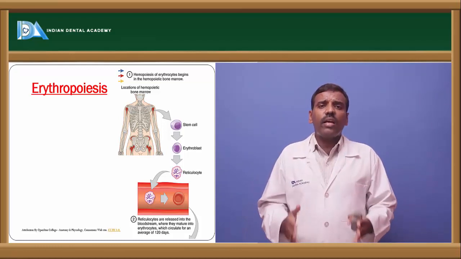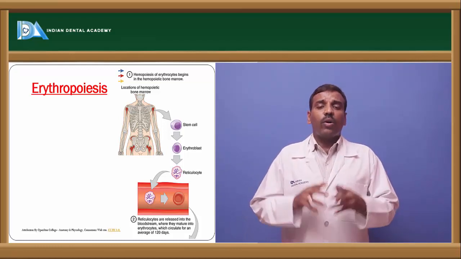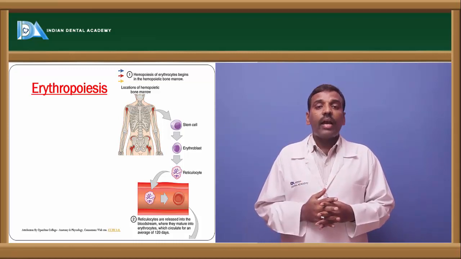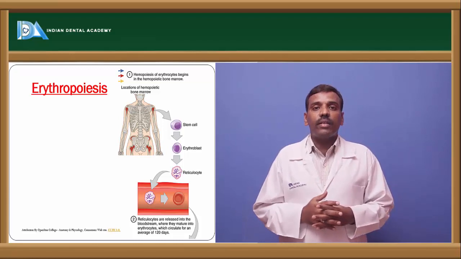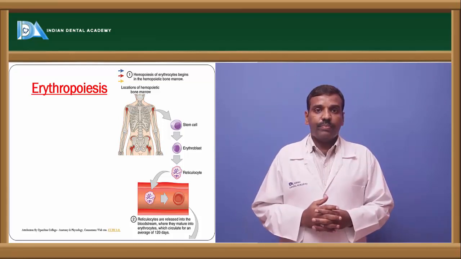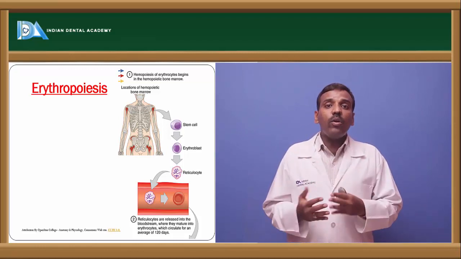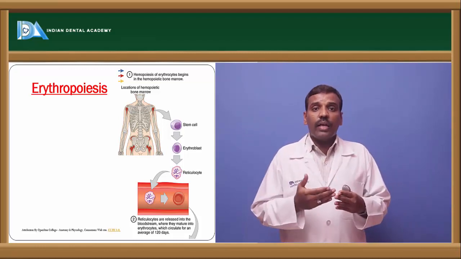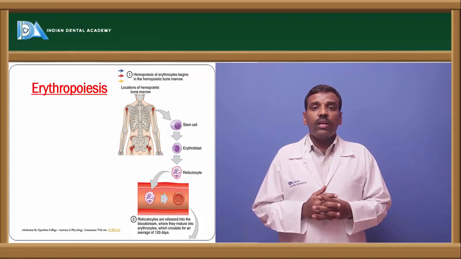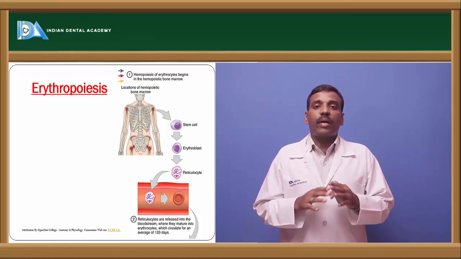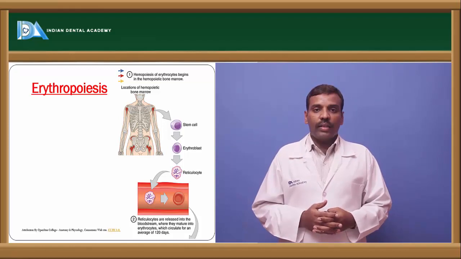The only difference is the presence of the nucleus in the reticulocyte, which disappears in the RBCs. And this reticulocyte gives the erythrocyte, so there is disappearance of the nucleus and complete formation of the erythrocyte.